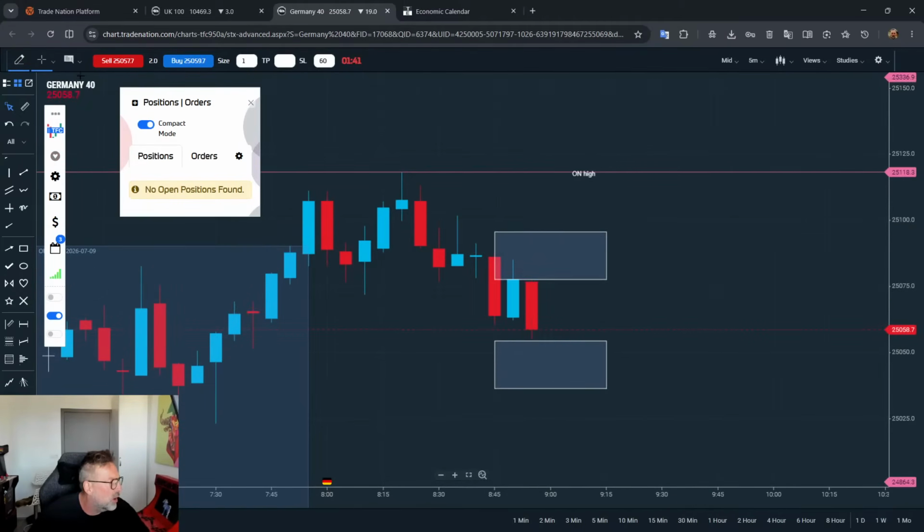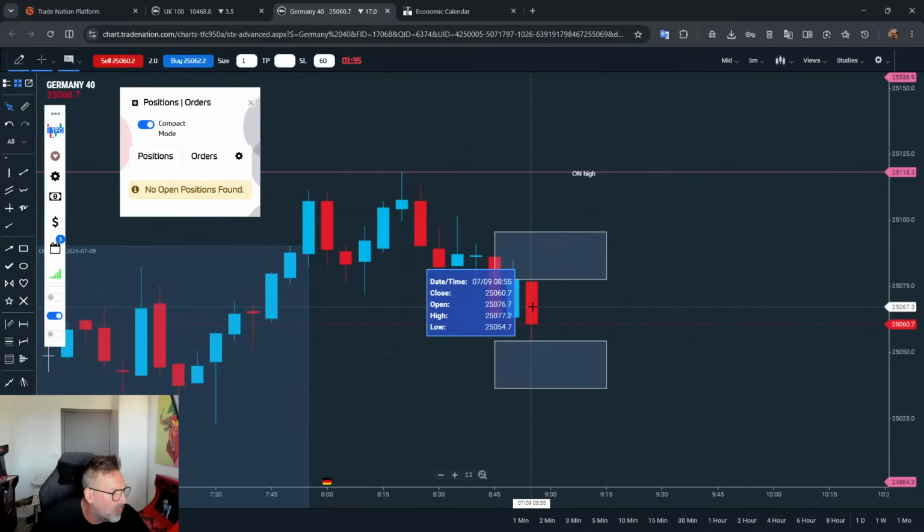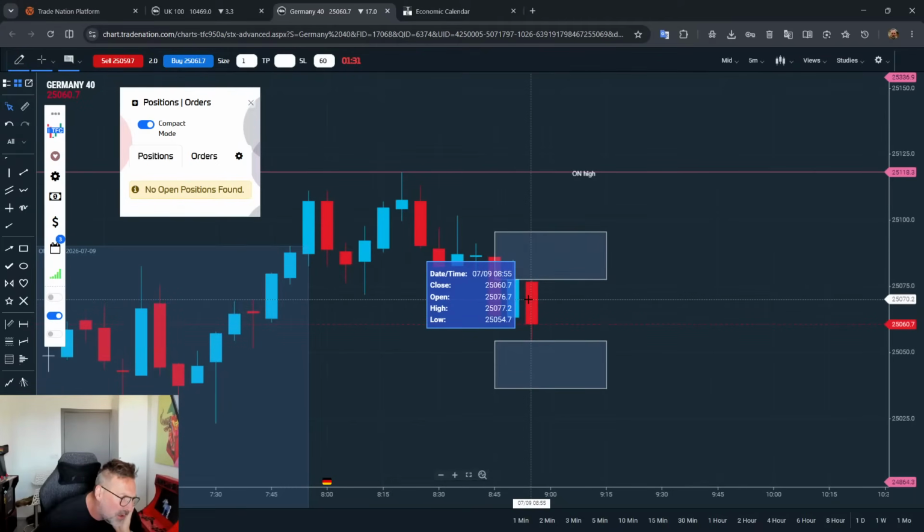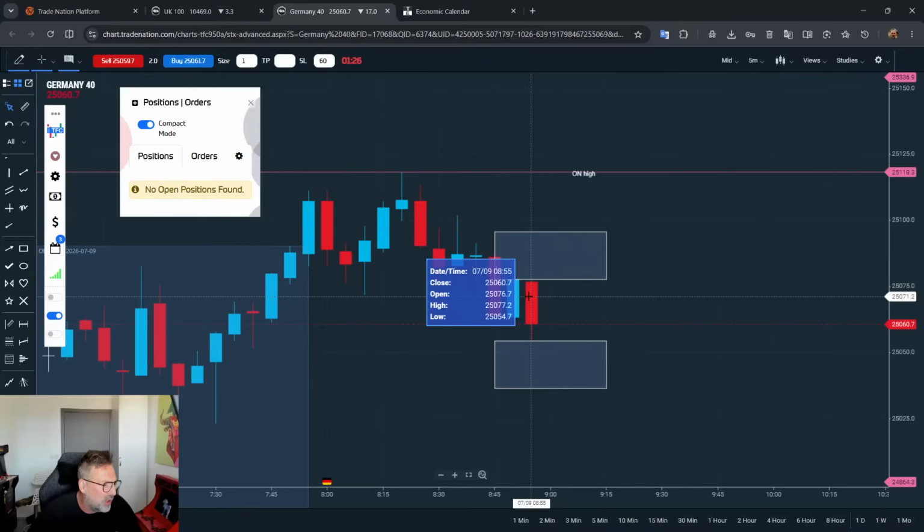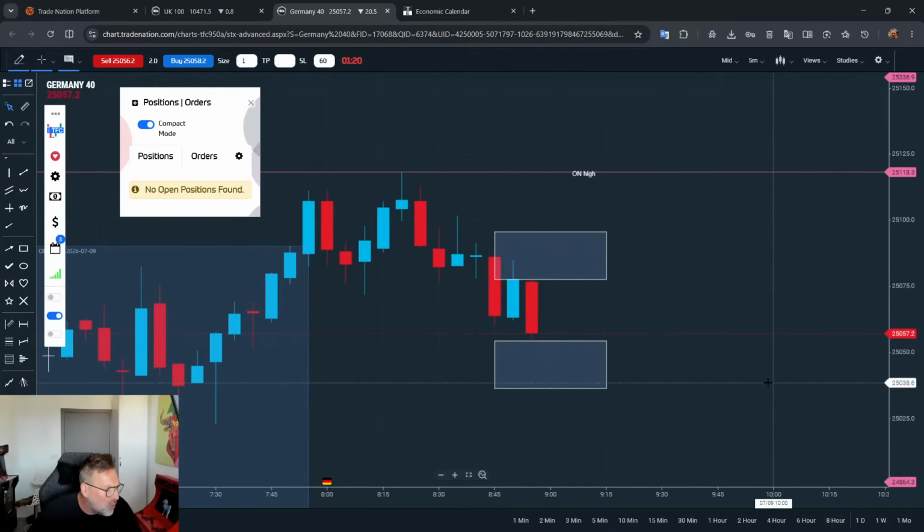I don't want to be like, okay, the high is 25,077.2 plus 18 is yada yada da da. Without having a second coffee, you might miscalculate that in the heat of the moment, because that bar is still moving and you might need to adjust before.